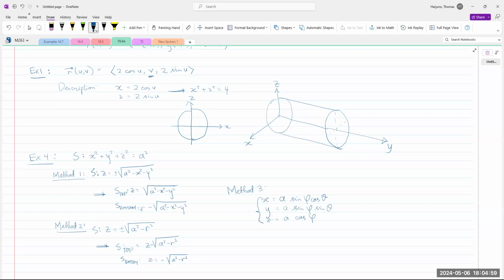Or if we use a surface vector function r of theta and phi, then we get the components a sine phi cosine theta, a sine phi sine theta, and a cosine phi. And theta is from 0 to 2 pi, phi is from 0 to pi.